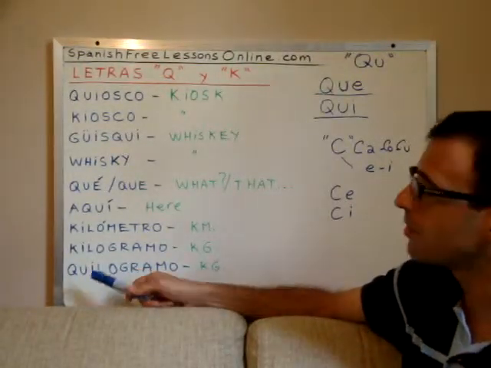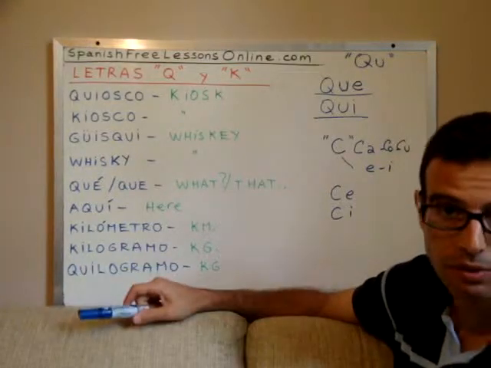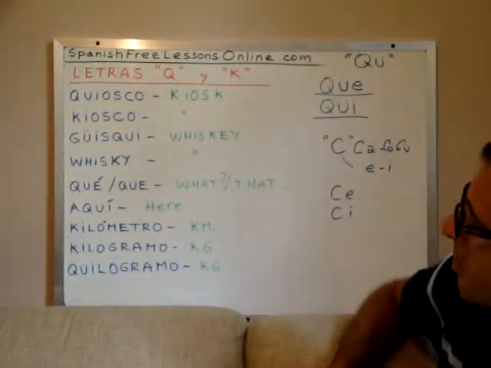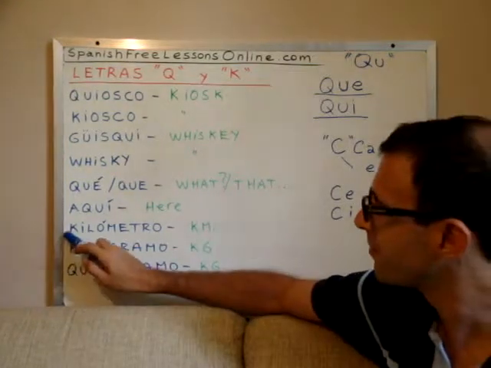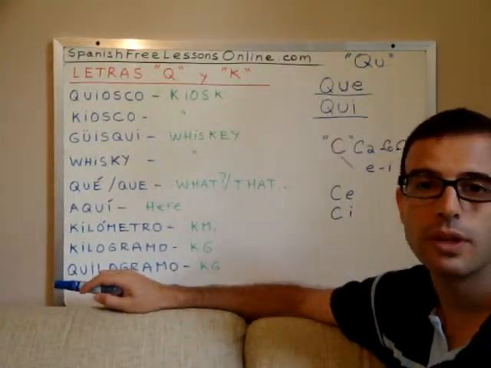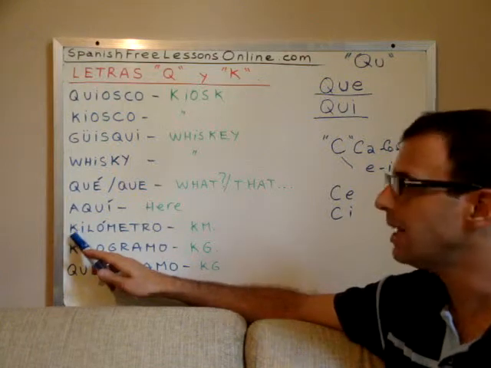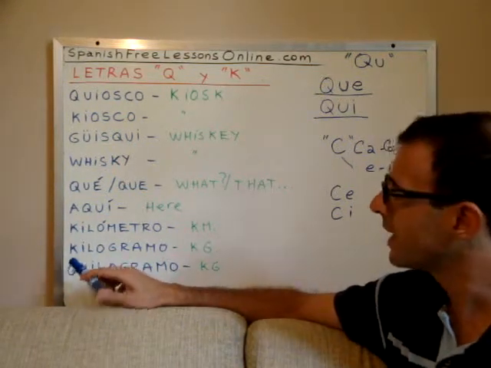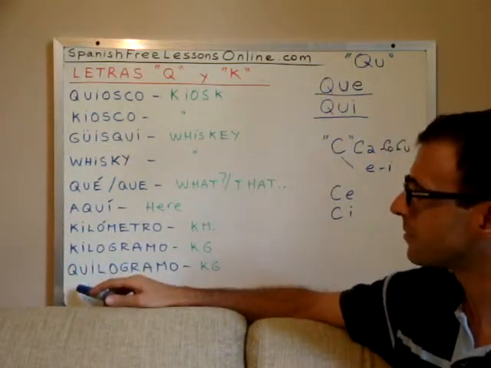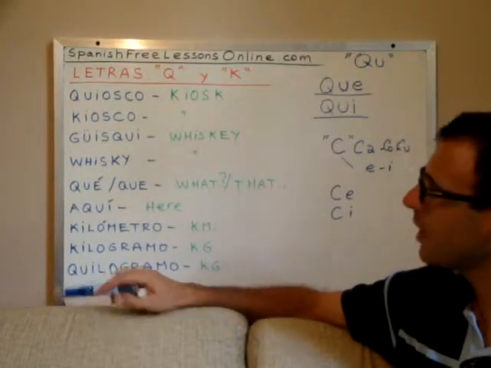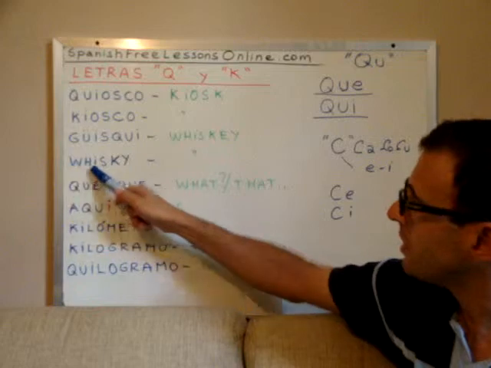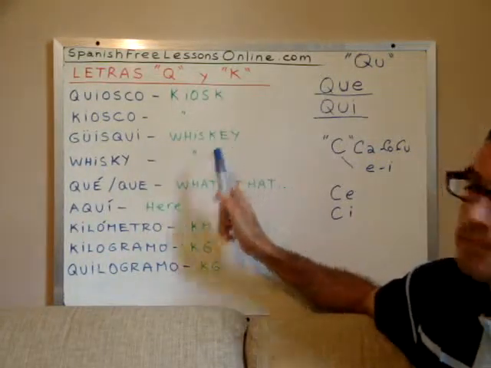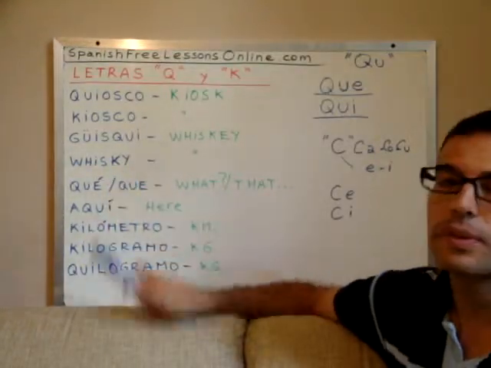An international word, like distance measures or weighing measures, okay? For example, kilómetro is written with K because kilómetro comes from the Greek kilo, right? Kilogramo, kilogram. And whisky, right, means whiskey.